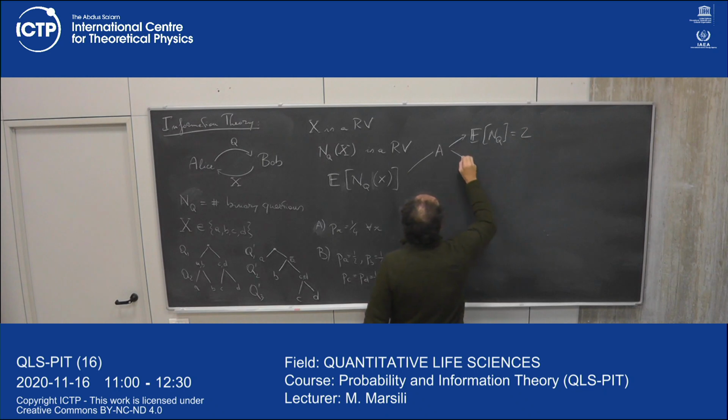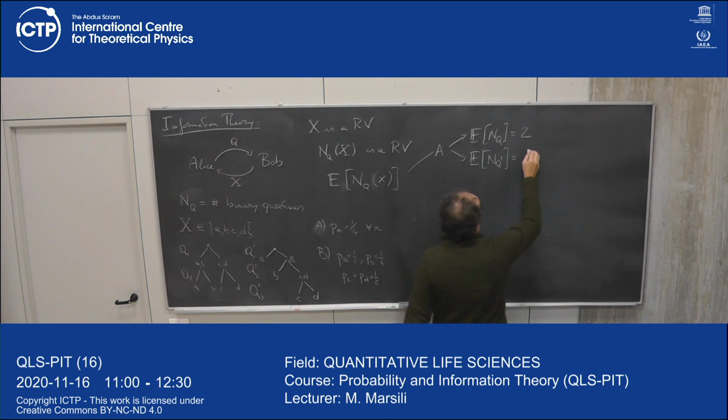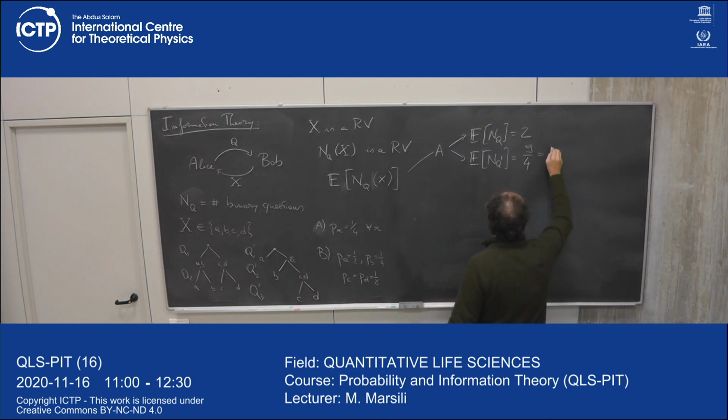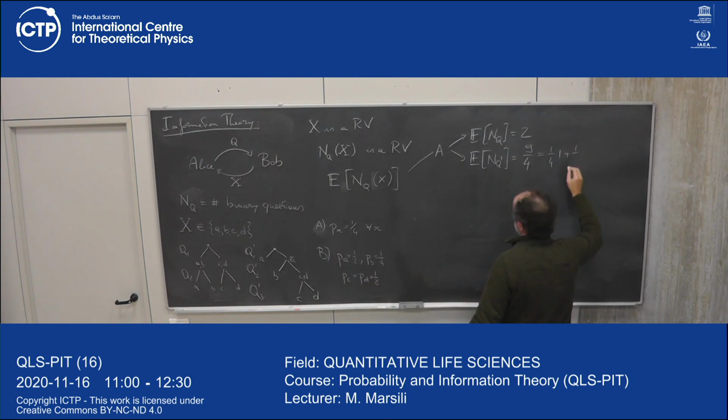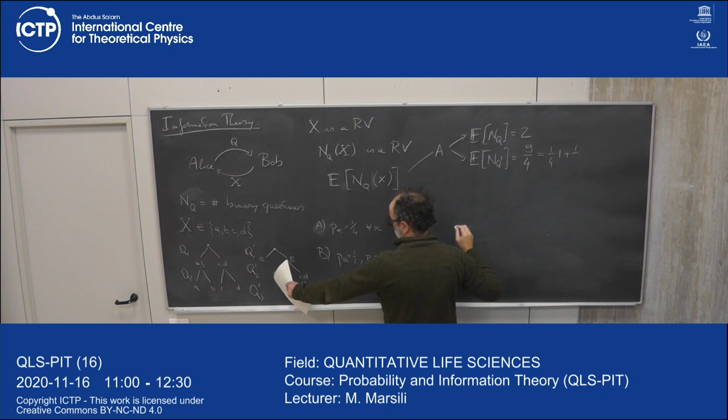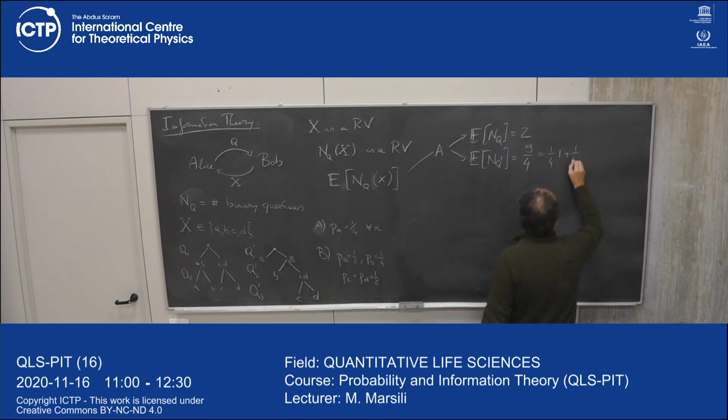But if instead you use this other way of asking questions, Q prime, you will get 9/4 if you do the calculation. Because with probability 1/4, you have to ask one question because it is A. With probability 1/4, you have to ask 2 questions.